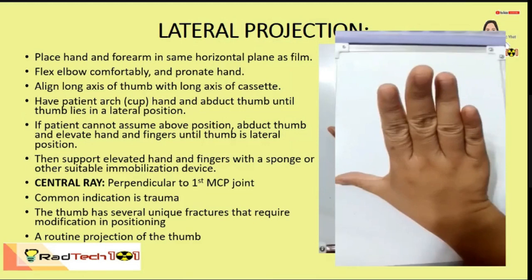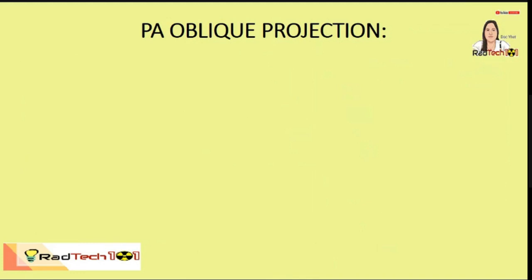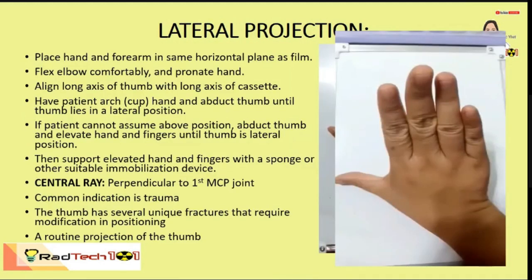So, kanina, sa first na ginawa natin, nakacup yung hand hanggang sa maglateral. So, kapag hindi kaya yun ng patient na i-cup yung kanyang hand, so pwede ding i-abduct yung hand and then elevate na lang yung fingers hanggang sa maglateral yung thumb.